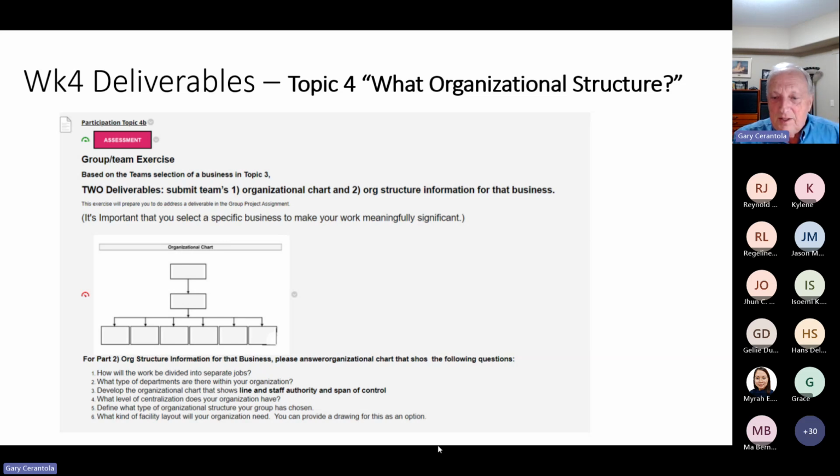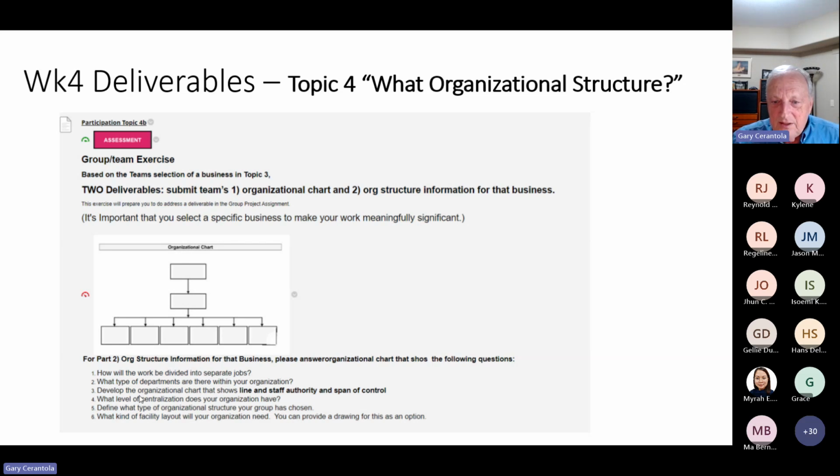What type of departments are there within the organization? There are different functions in terms of departments that are part of that organization. And how is that going to come together for the organizational chart that you're going to provide for the company that you chose as a group?